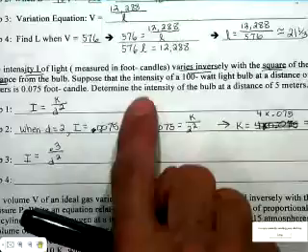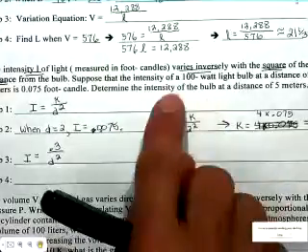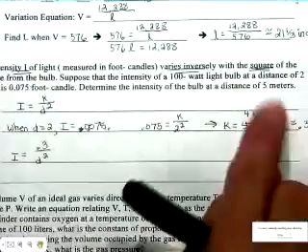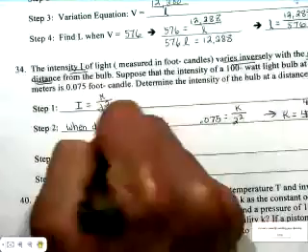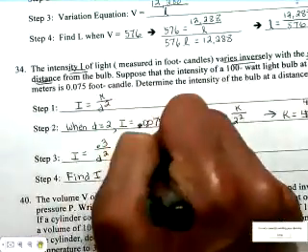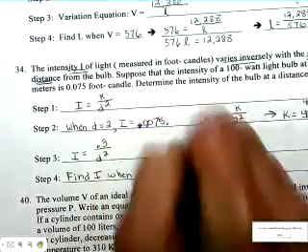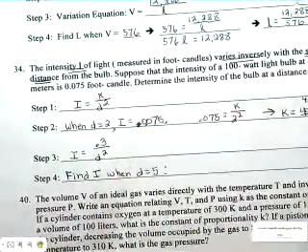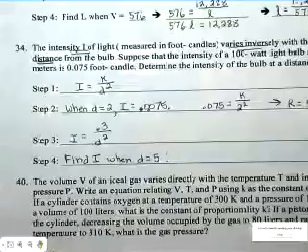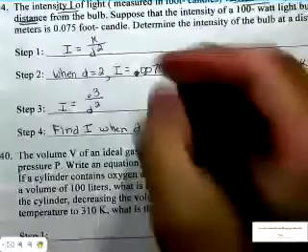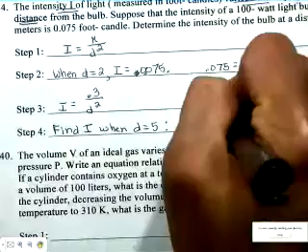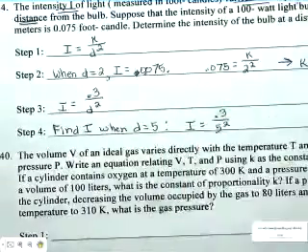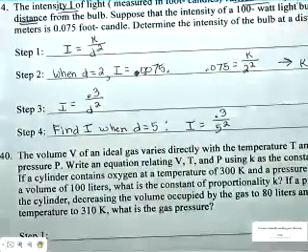Determine the intensity of the bulb. That means find which variable? Find I if D equals 5. I would be 0.3 divided by 5 squared, or 0.3 divided by 25.